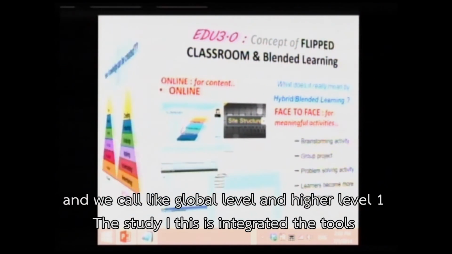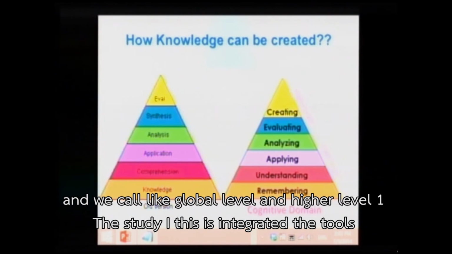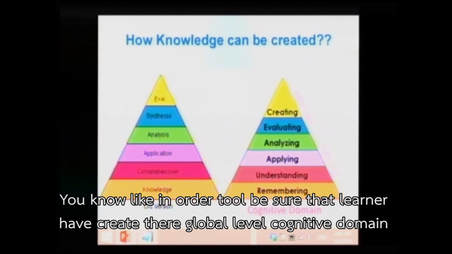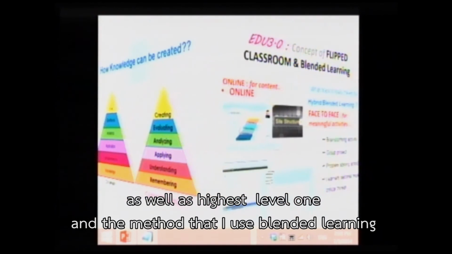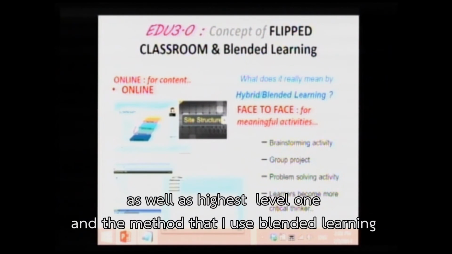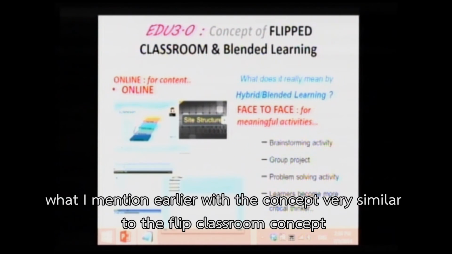The study I did is like I integrated tools in order to be sure that learners have developed their lower level cognitive domain as well as the highest level one. Okay. And the method that I use is blended learning, what I mentioned earlier, with a concept very similar to the flipped classroom concept.